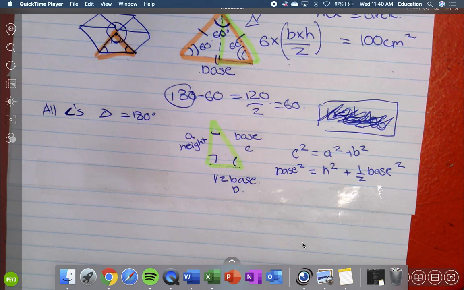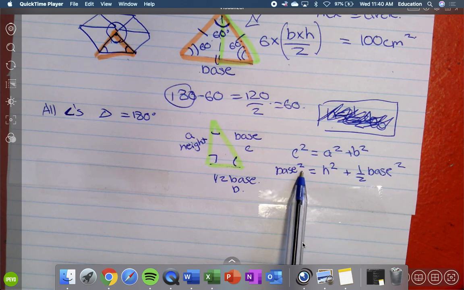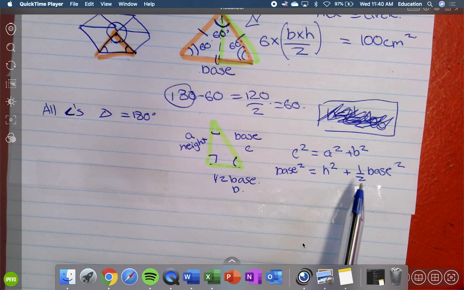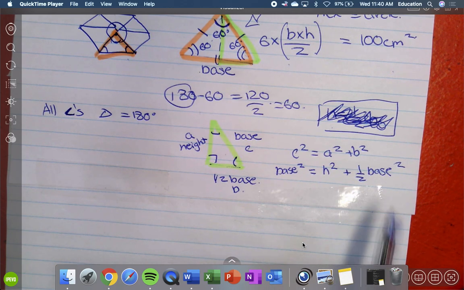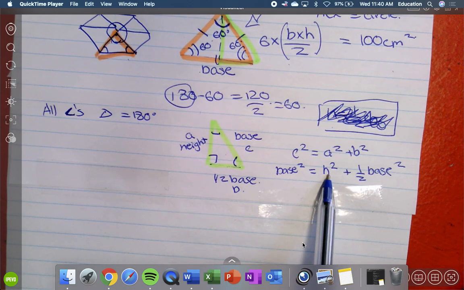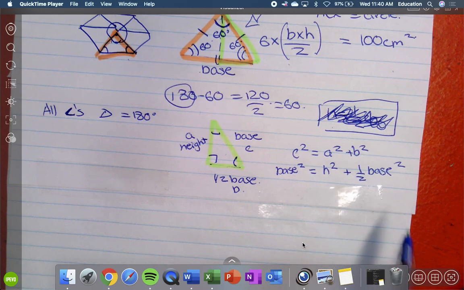I said no. Okay, so here I have base squared is equal to height squared plus half of base squared. My goal is to isolate h. So to isolate h, I have to subtract the half base squared.